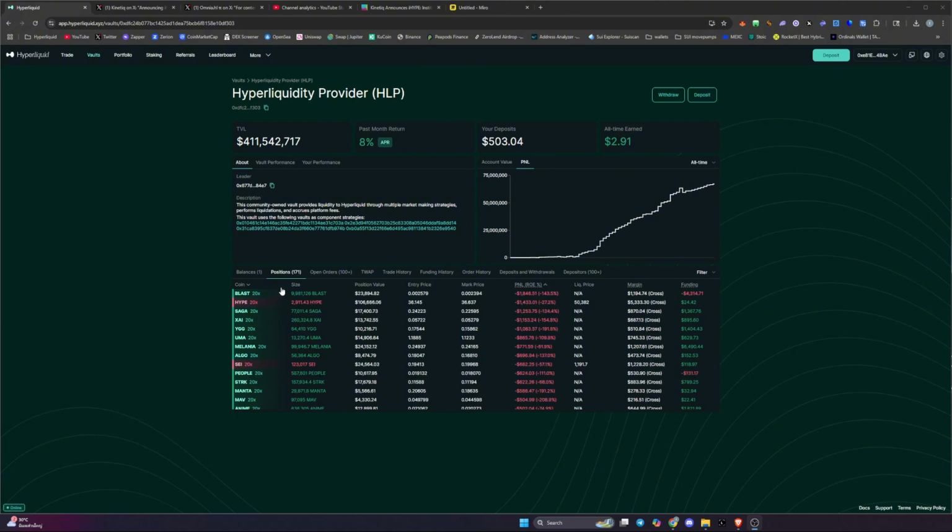Traders that have not properly margined their trades are, of course, likely going to be liquidated. A portion of those fees goes into the Hyperliquidity Provider, as well as the assistance fund. I've already explained the assistance fund in a previous video, but the Hyperliquidity Provider is quite simple.